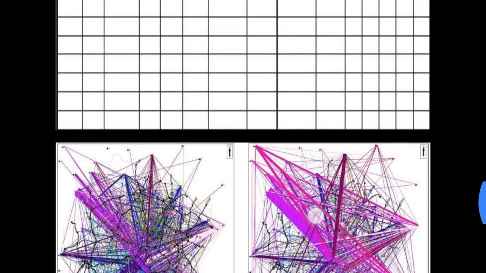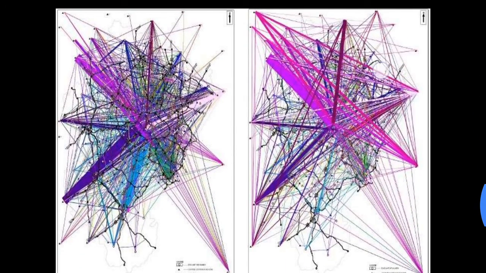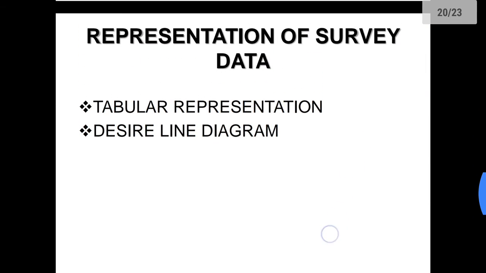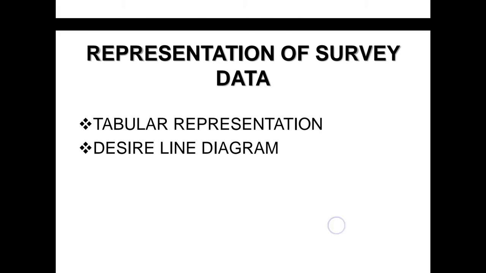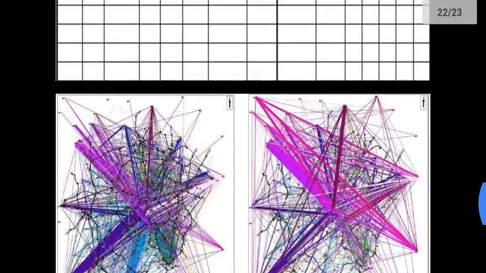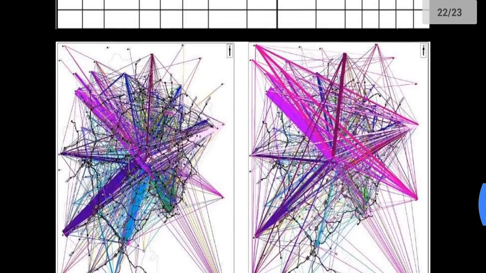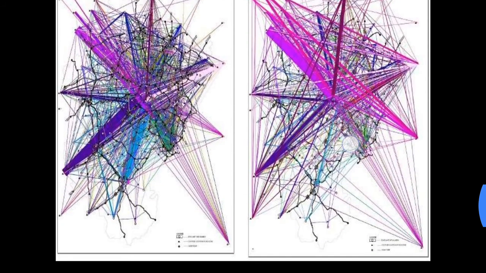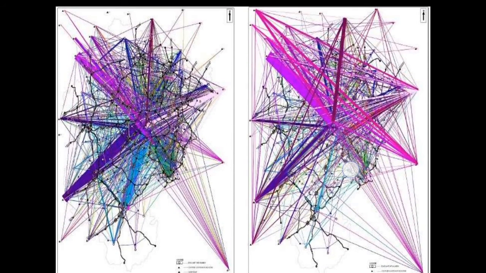So this is the second type of representation of origin and destination data. The first type is tabular representation, and the second type is the desire line diagram.